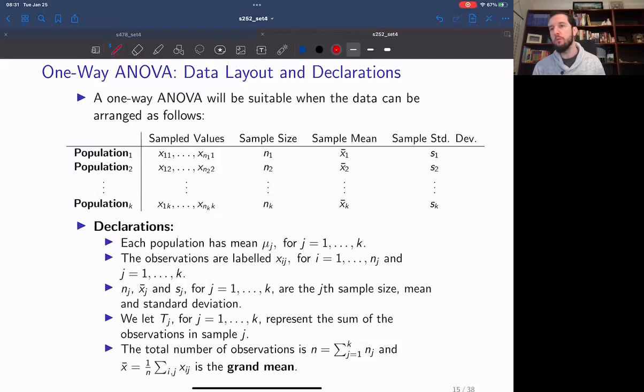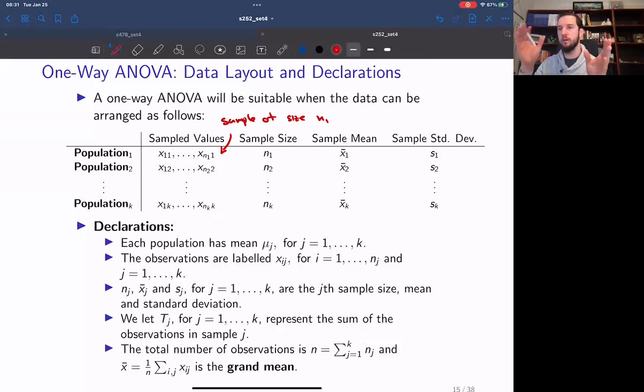All right, so when we're working with ANOVA data, we typically separate our observations into different groups. So we might have population number 1, of which we sample N1 values. That's what the first row of this table is showing us here. So this is a sample of size N1, right? And that's what's indicated in the second column as well.